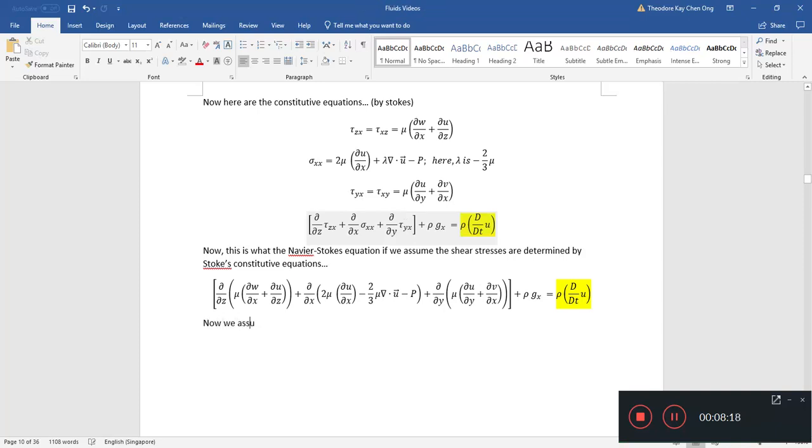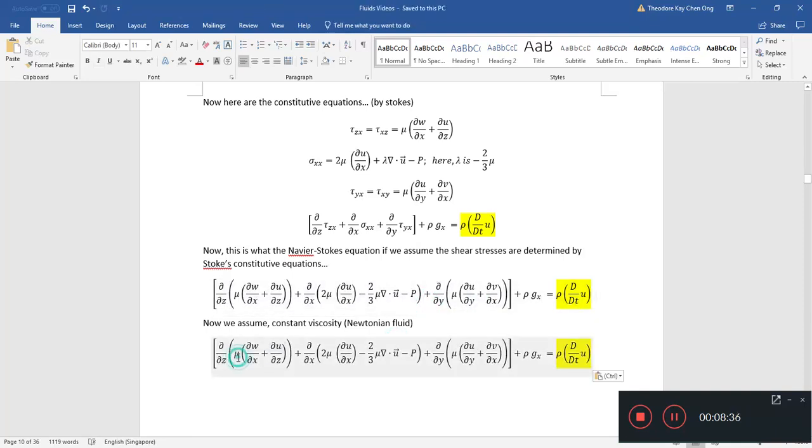Now we assume constant viscosity. This is what I was saying earlier, Newtonian fluid. So let's assume constant viscosity. That means this mu is actually constant, and I can just bring it outside.